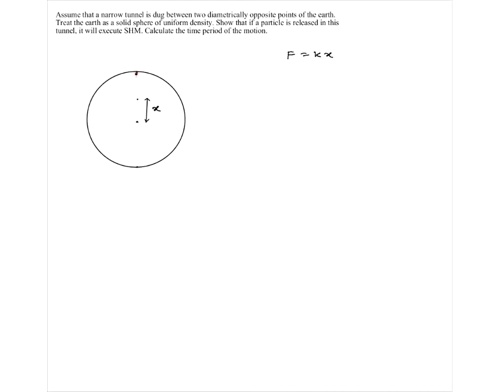The tunnel is like this. Construct a surface like this. This construction is only for solving this problem.